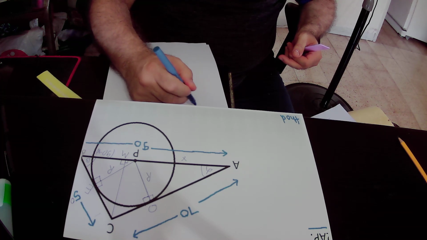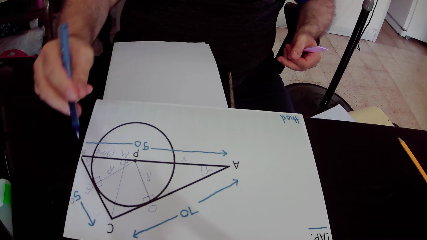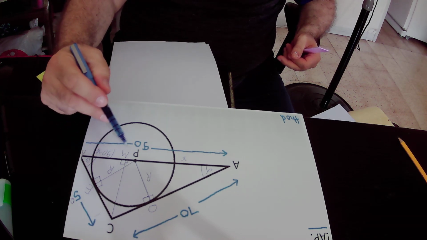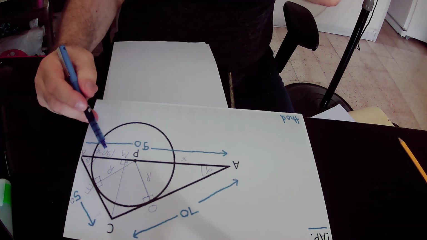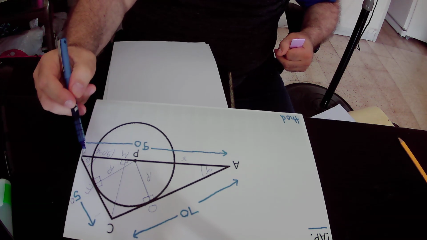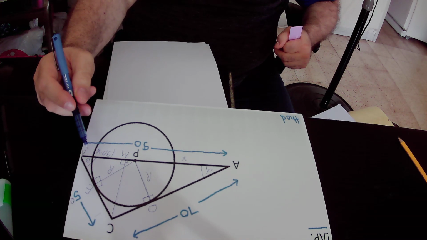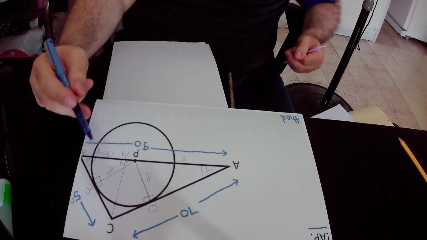Triangle BEP is a right triangle because angle PEB equals 90 degrees. For that reason, triangle BEP is a right triangle.